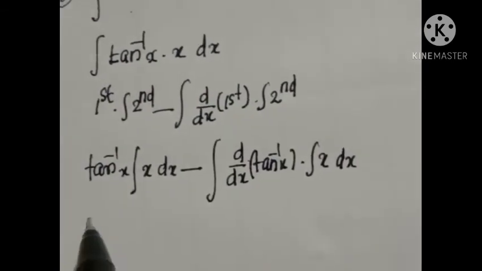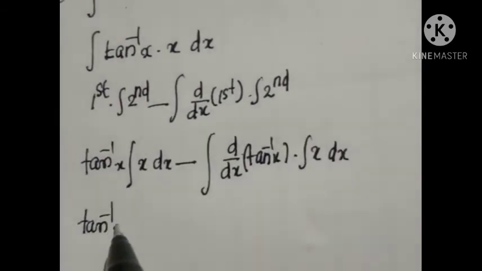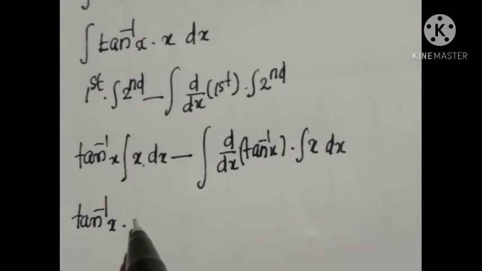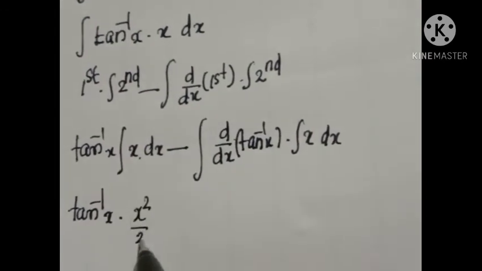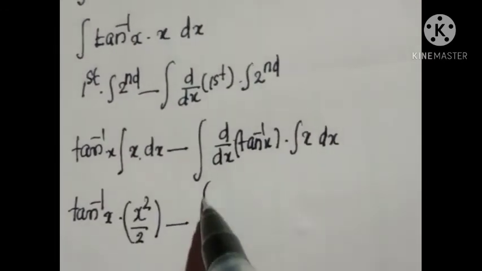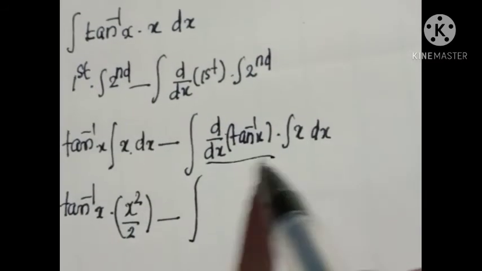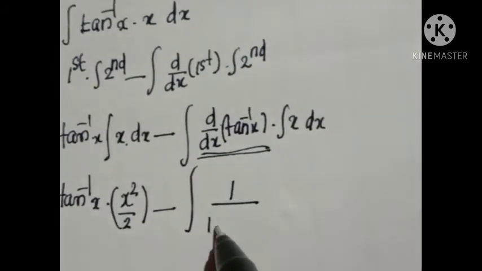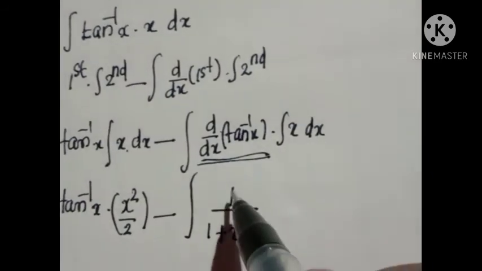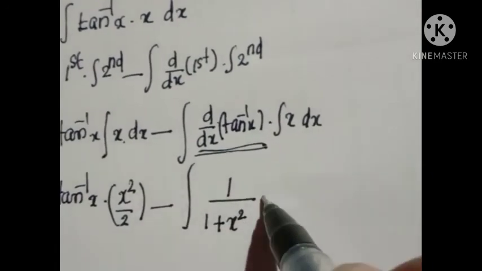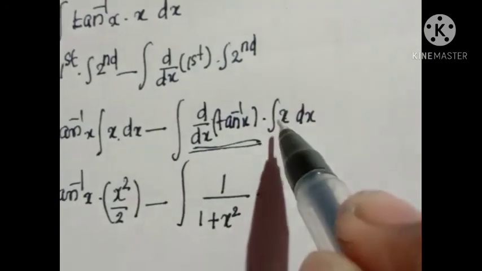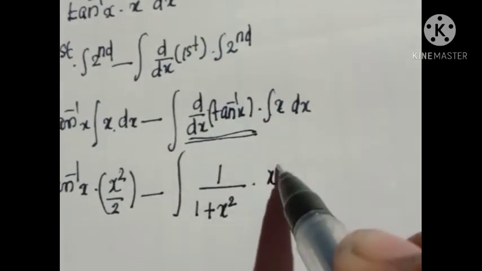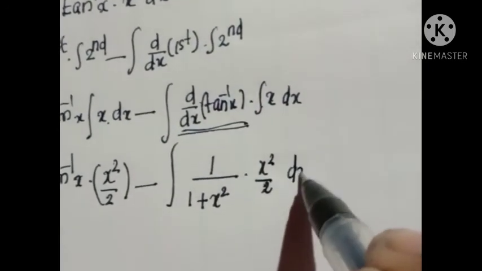It is tan inverse x into integral of x, it is x square by 2, minus integral of derivative of tan inverse x. Derivative of tan inverse x is 1 by 1 plus x square into integral of x square by 2 dx.